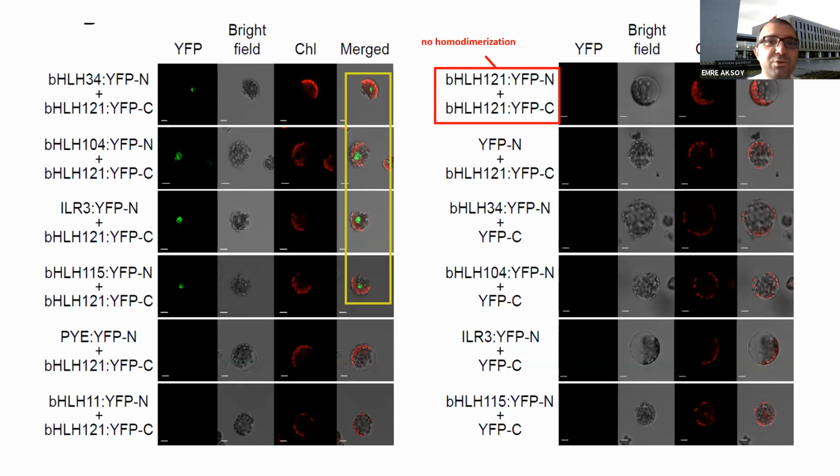Then you can merge all of these together in order to prove that the interacting YFP signal is not coming from the chlorophyll or chloroplasts, but that this interaction is somewhere very specific in the cell. Where do you think it can happen? That green part, which organelle is it?